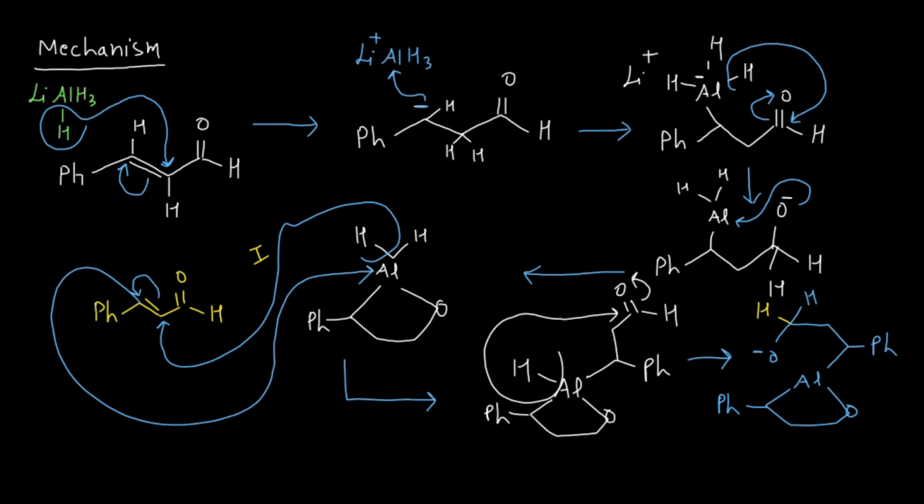And finally this will attack onto the aluminium. So when this attacks onto the aluminium, what you will have is just like that. So this is negatively charged, and of course lithium positive would also be there. And then finally you will do the protic workup for this one, that is H positive, and aluminium hydroxide, Al(OH)3, will be removed from here.